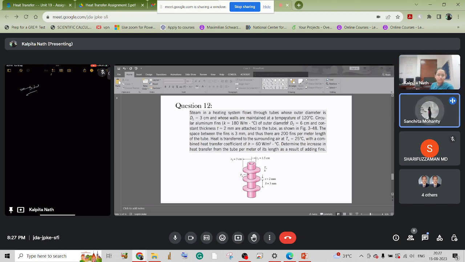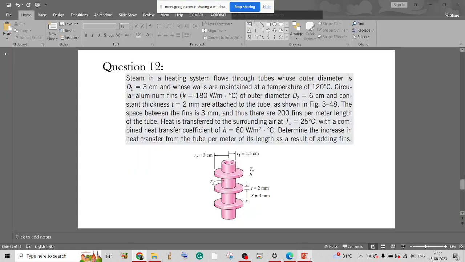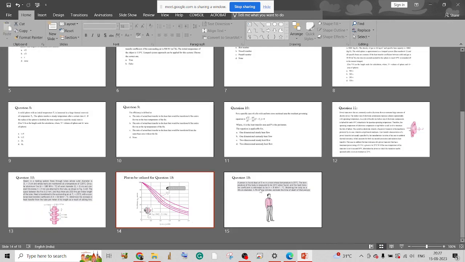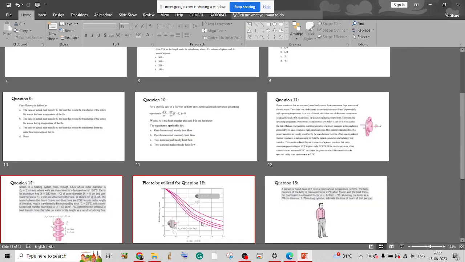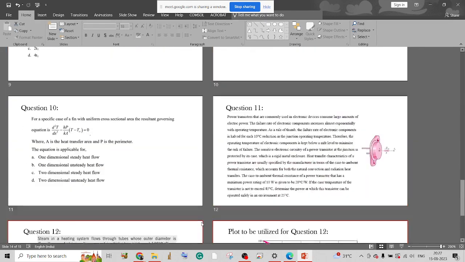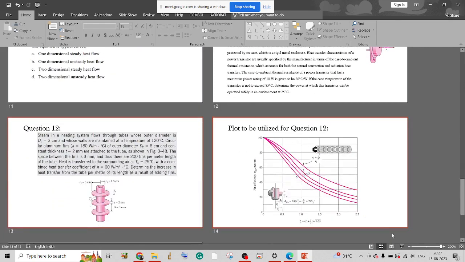Ma'am, can you show the graph? Okay, just 1 second. Are both of them visible? Just 1 second. Let me sort that out.